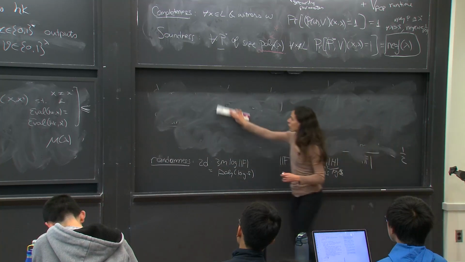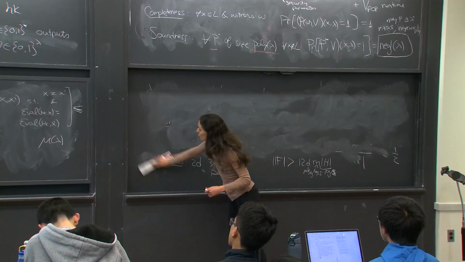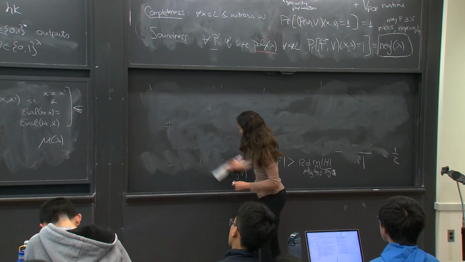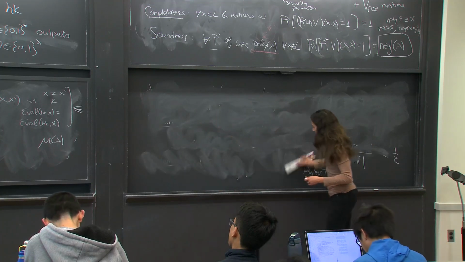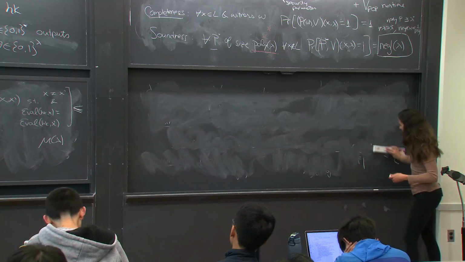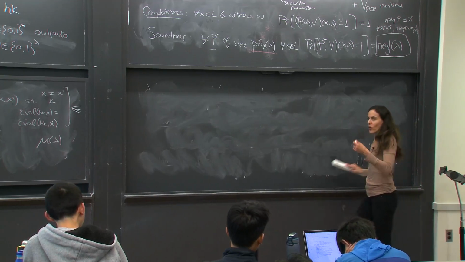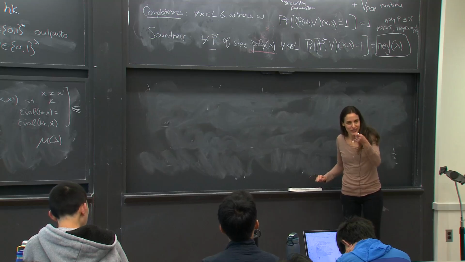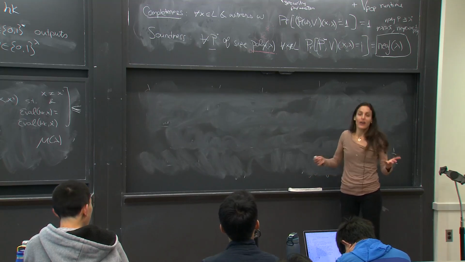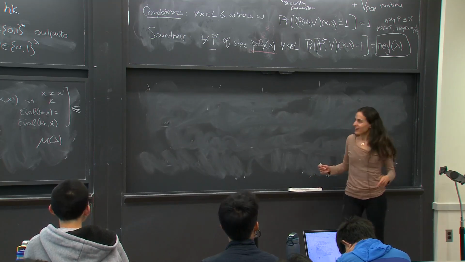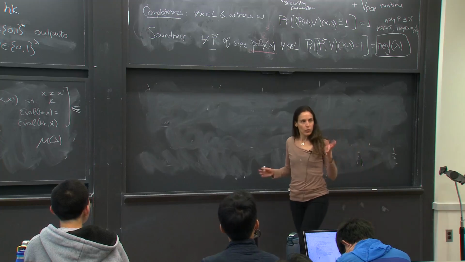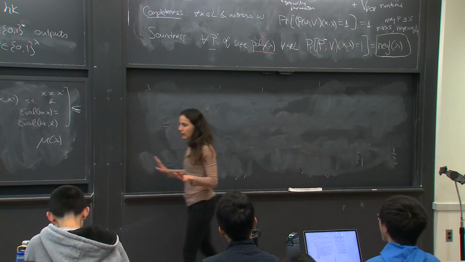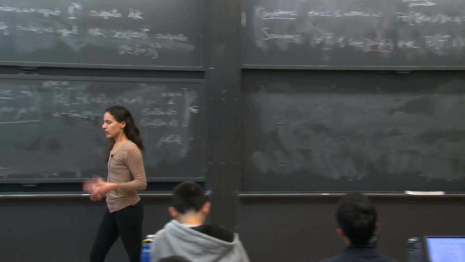A hash function with local opening has 2 additional algorithms. There is an open algorithm, which gives you a little proof that the ith bit of what I hashed is a certain value. And then there's a verify algorithm that verifies it. Since we have only 2 minutes, I'll skip this. Next time I'll show you the local opening.